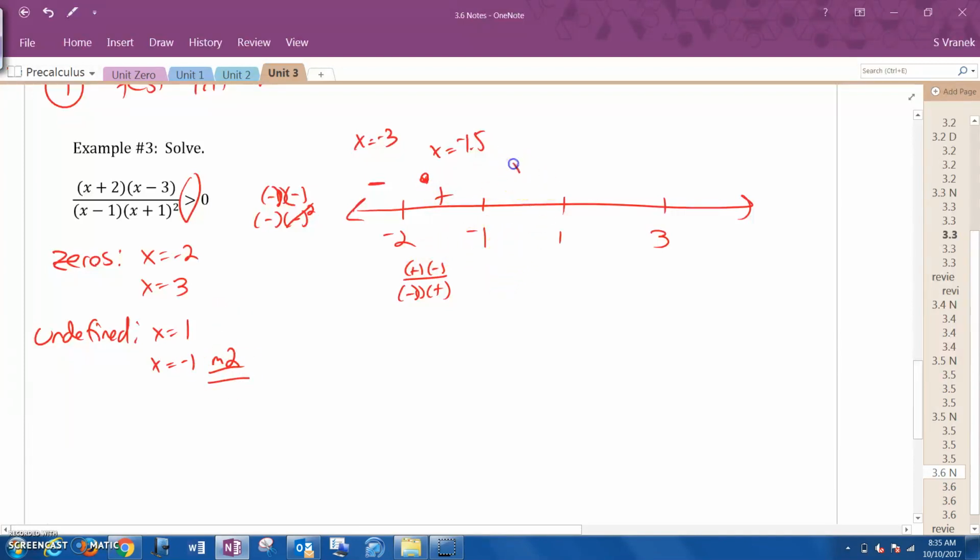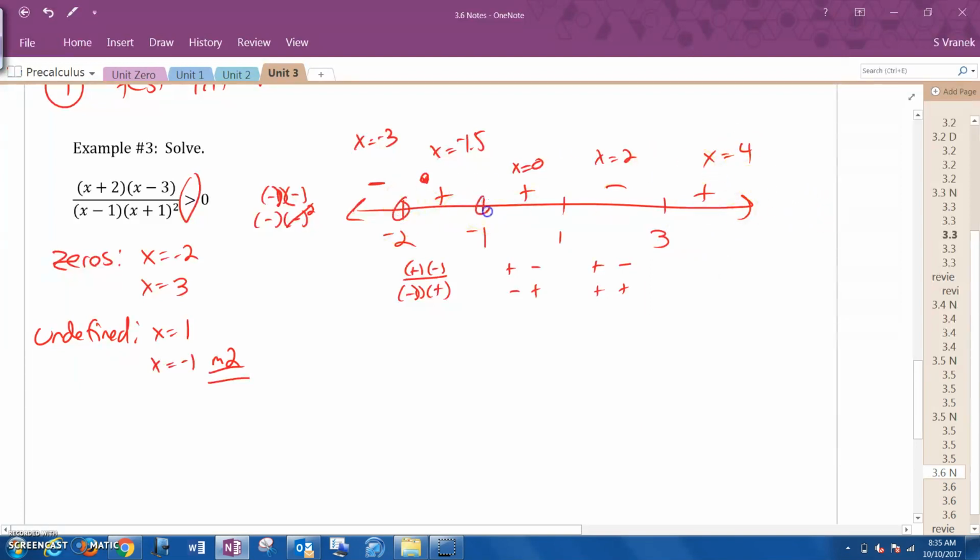So if I put 0 in, I get positive, negative, negative, positive, and sure enough, it does stay positive, like we thought. If I put a 2 in between 1 and 3, we get positive, negative, positive, positive, so that goes to negative. And then if we put a 4 in, everything should be positive. So this is my sign chart.